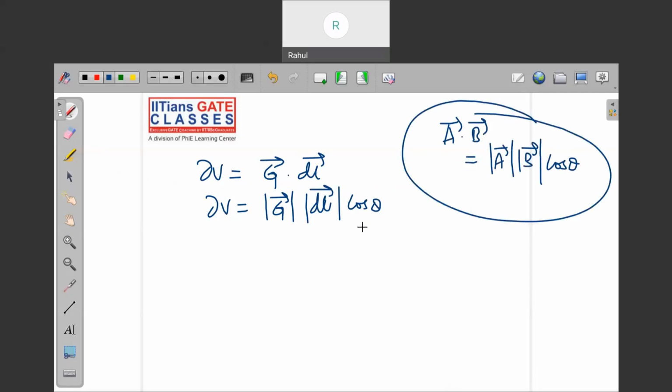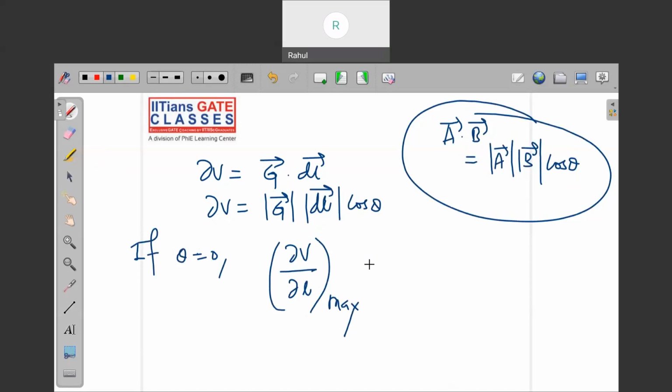Now it depends upon theta. If theta is 0, then your dv by dl, you get the maximum. That is going to be your magnitude of the gradient.